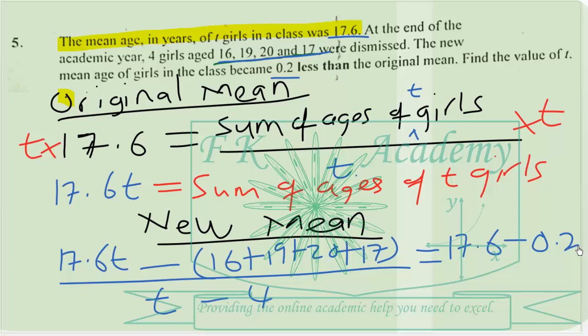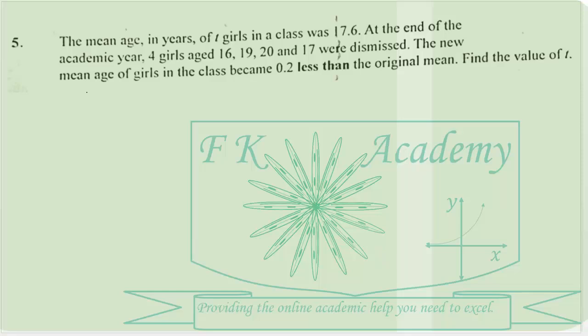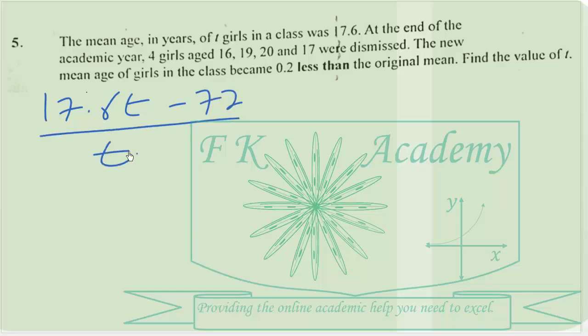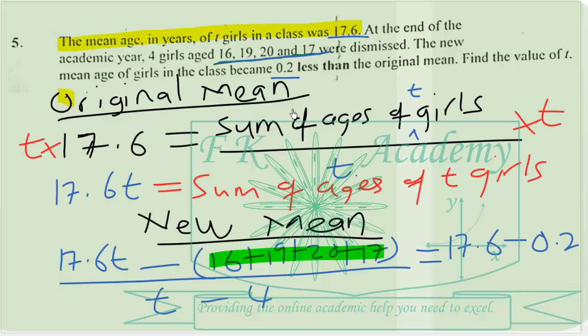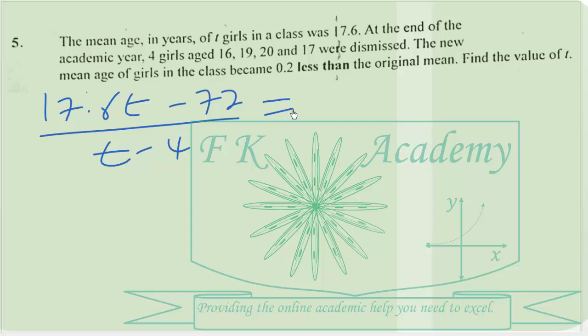So we need to solve this linear equation. So when we sum all what is here, that will give us 72. So we have 17.6t minus 72 over t minus 4 is equal to 17.6 minus 0.2, which gives us 17.4.